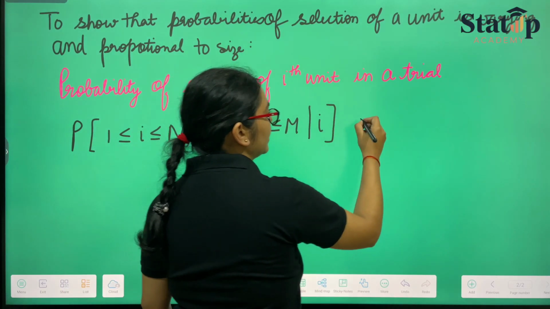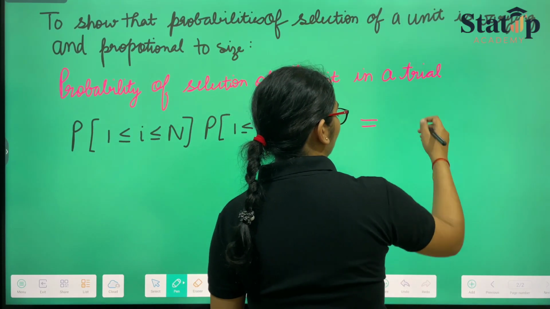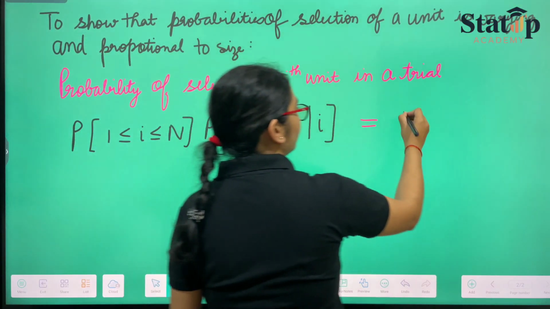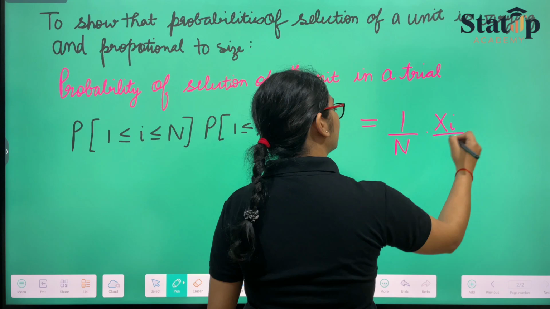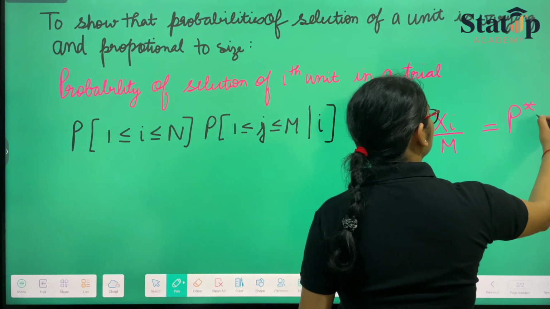This probability can be written as 1 upon N into xi upon M. So let us denote it as P star, say.